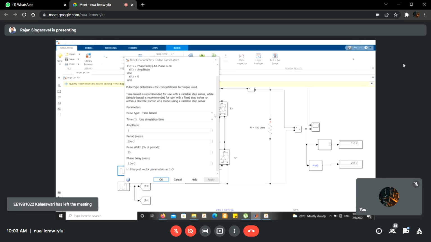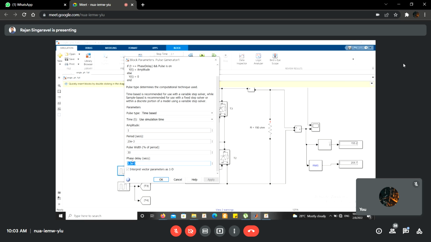For 30 degree alpha, the delay should be 1.66 millisecond.